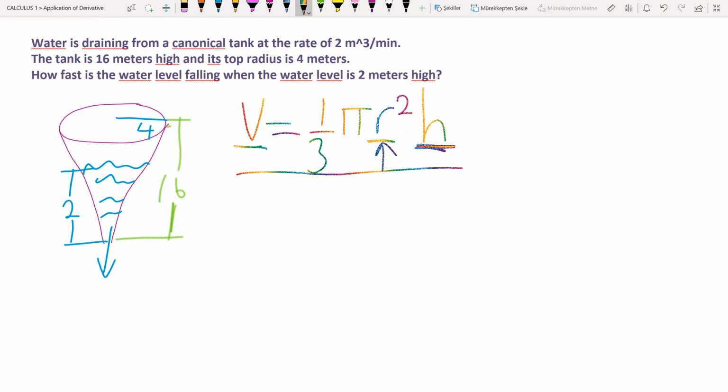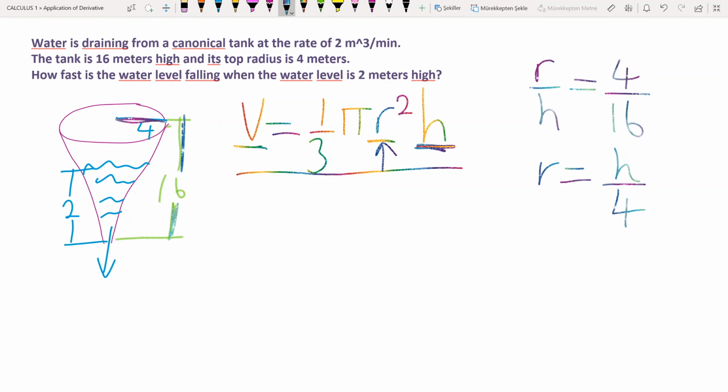As you see in this question, the ratio of r over h is 4 over 16. Okay? So r is, in this case, h over 4. So I will plug this expression of r into the volume formula.